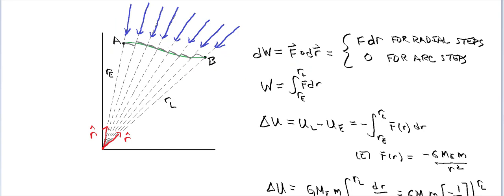But for the arc steps, because the force is radial and the arc is tangential, they're perpendicular to one another, there is no parallel component to multiply, and so F dot dr for the arc steps is always 0.